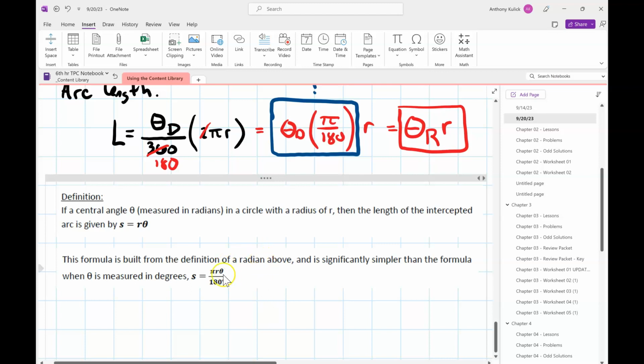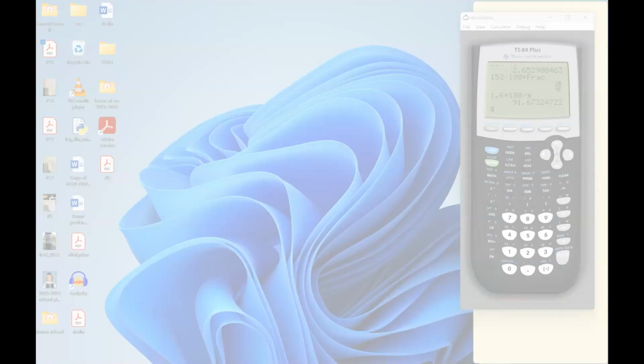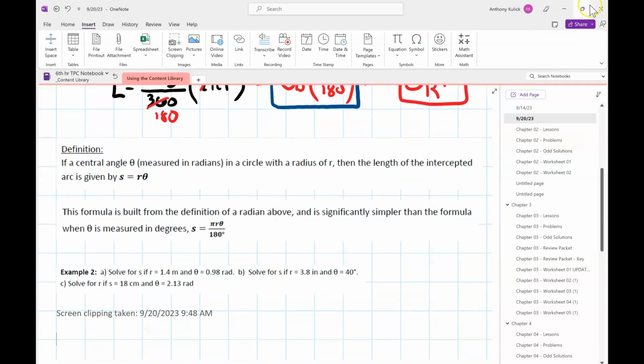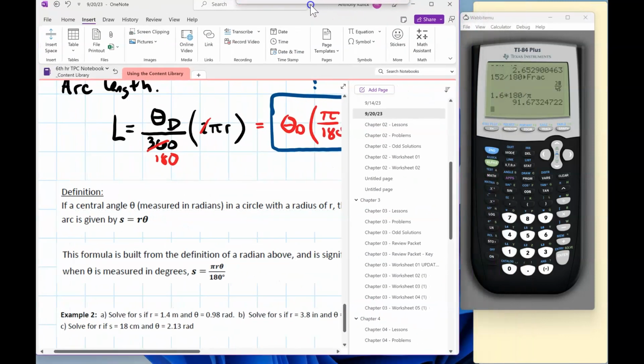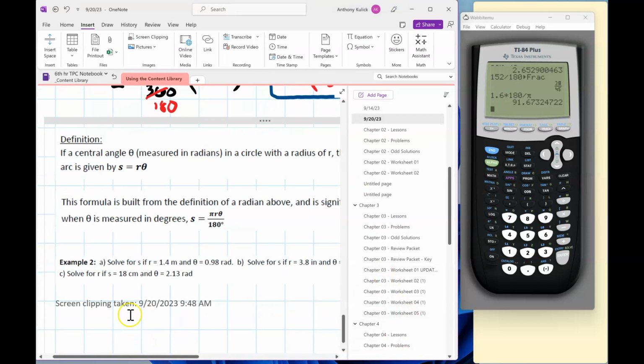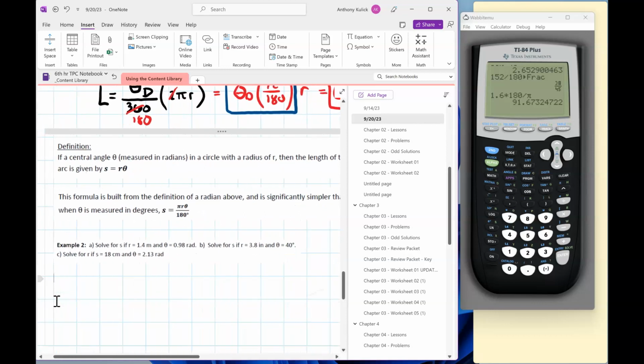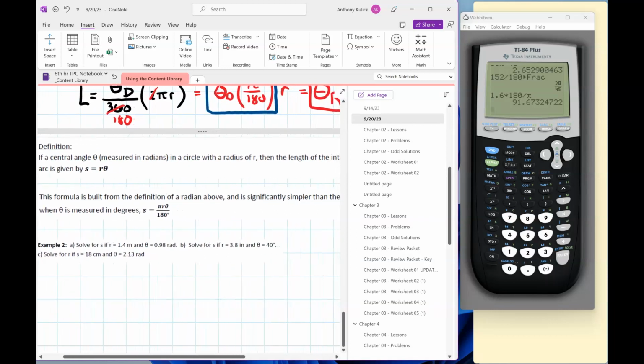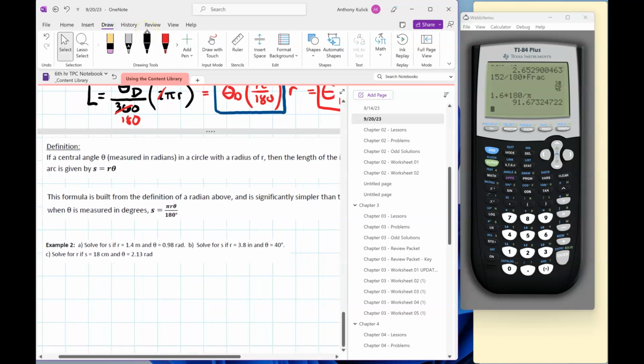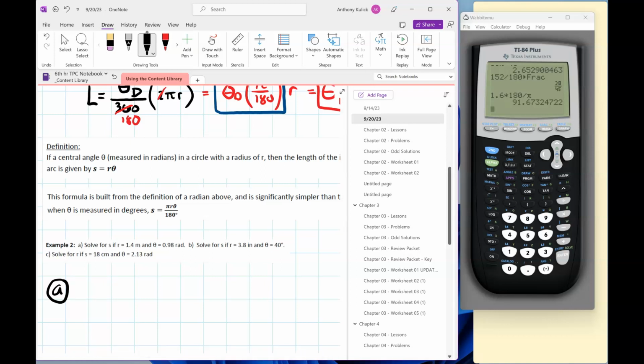Let's do a couple of examples practicing using these formulas. Example A says solve for S, that's our arc length, if the radius is 1.4 meters and the angle measure is 0.98 radians.